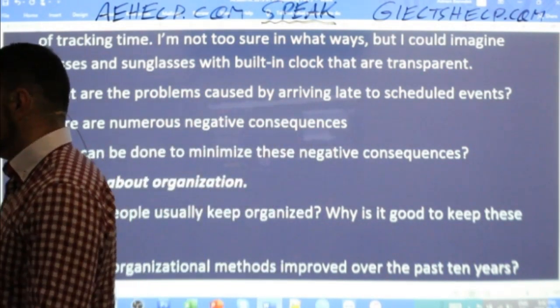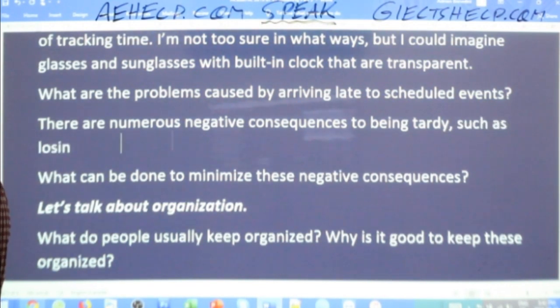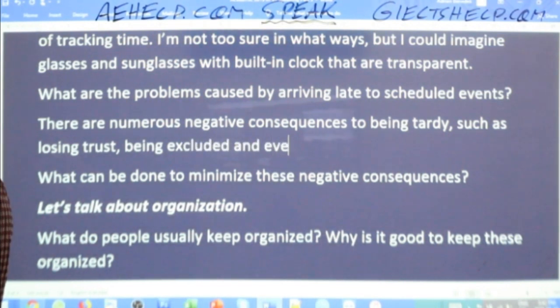Okay. So there are numerous negative consequences to being tardy, such as losing trust, being excluded, and even getting fired.